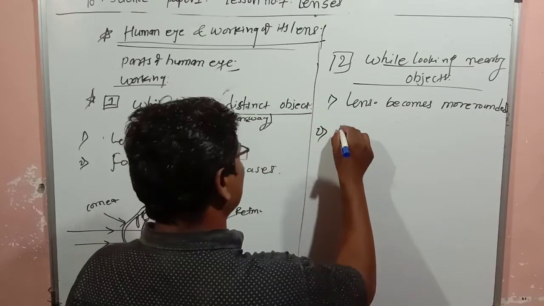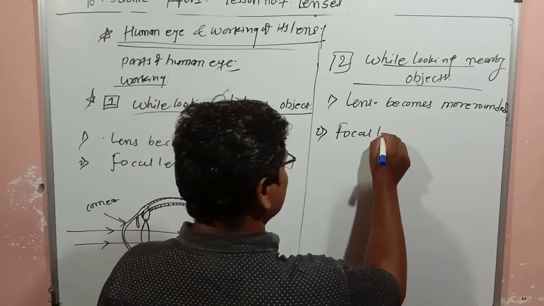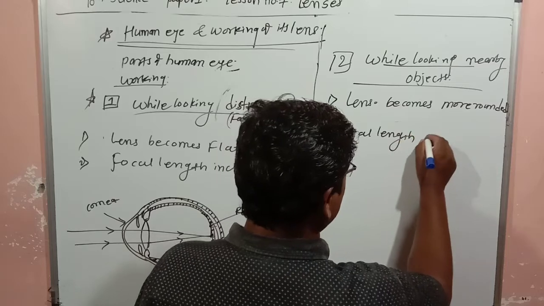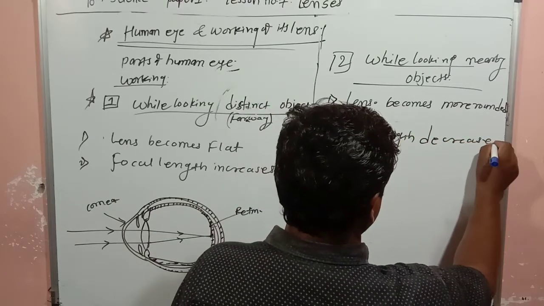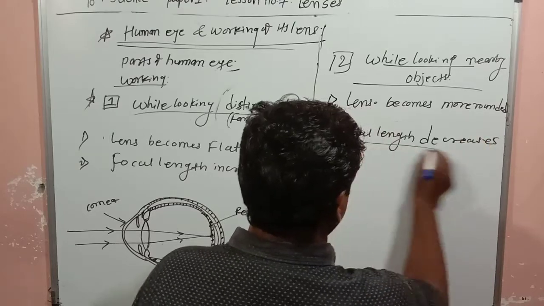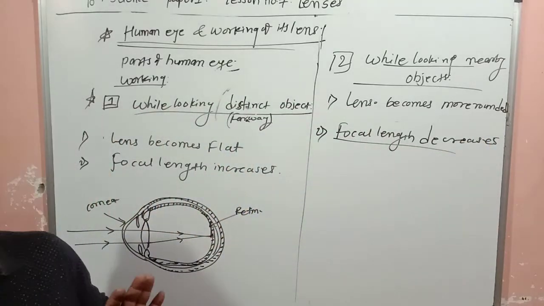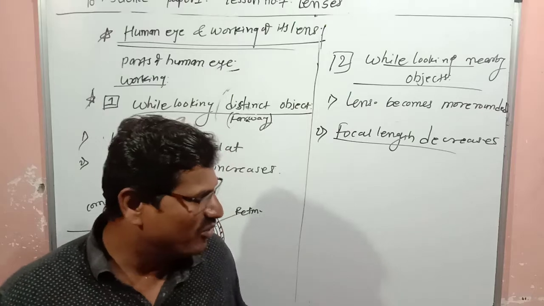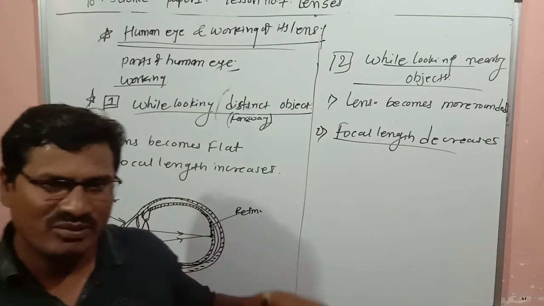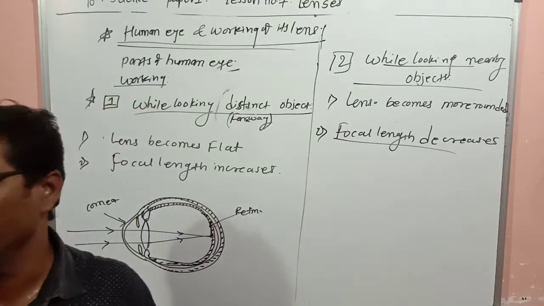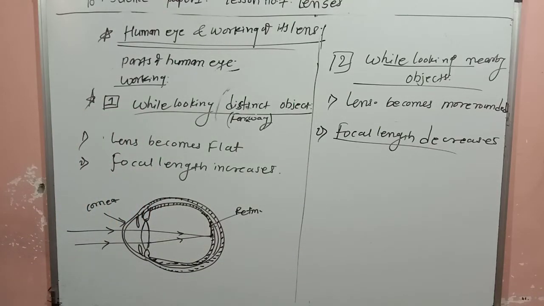The second thing is the focal length decreases. These two changes are happening while focusing on that particular object, nearby or far away.